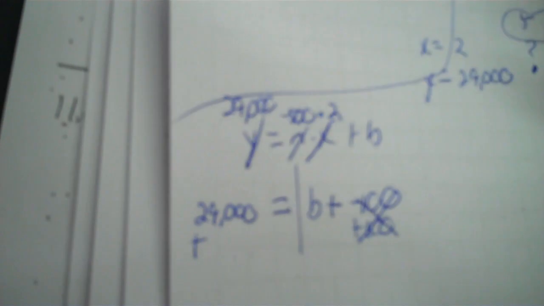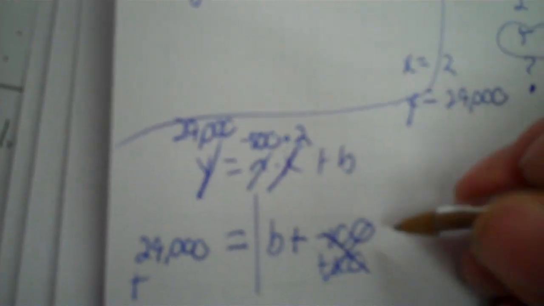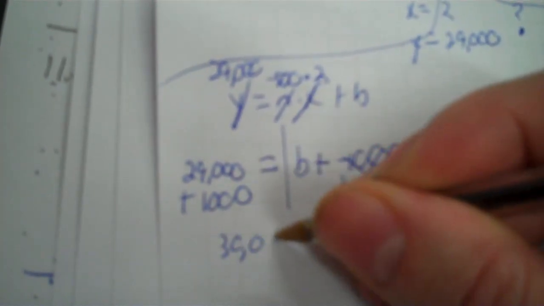So 29,000 is your Y, and then 2 is your X. So you have 29,000 equals B plus negative 500 multiplied by 2, which is negative 1,000, my bad. So add 1,000, and that's 30,000 equals B.